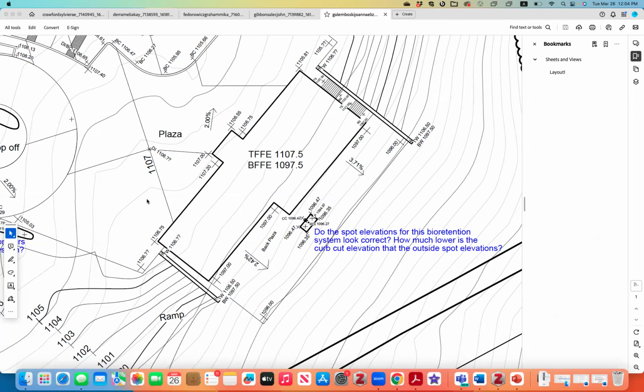You only need to indicate this is roof water. Okay, and without crowding the drawing, you can make it clear where it comes from, and that's enough. You don't necessarily have to draw all the features that you design. Okay, so that's that one.